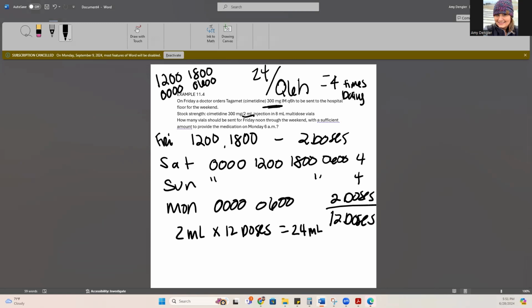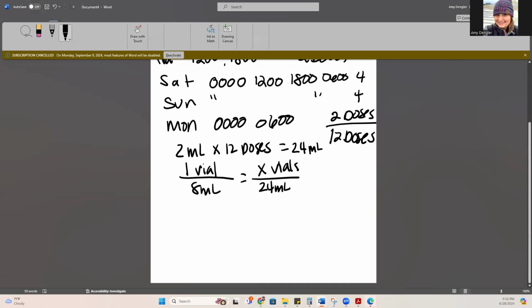and there are 8 ml size vials. So if one vial is 8 ml and I need to give the floor 24 ml, how many vials is that? So of course we just do our proportion. 8x is equal to 1 times 24.